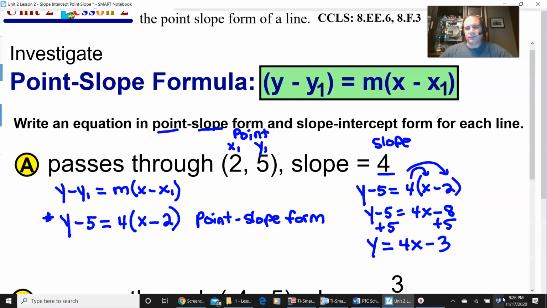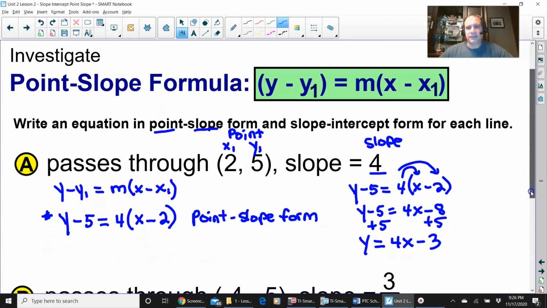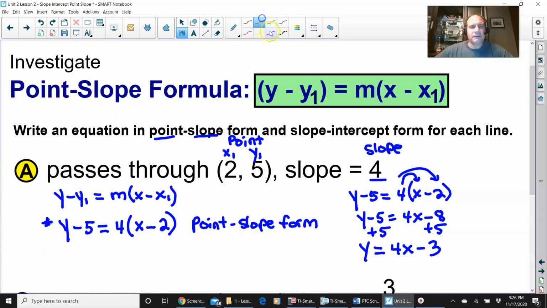This is called slope intercept form, because it has the slope and the intercept in it. This is point slope form because it has a point and the slope in it.